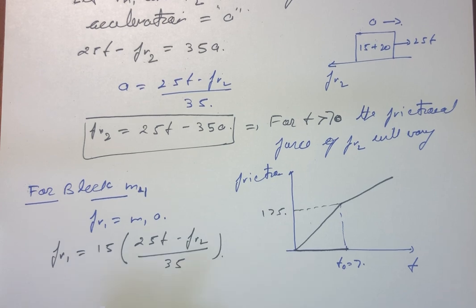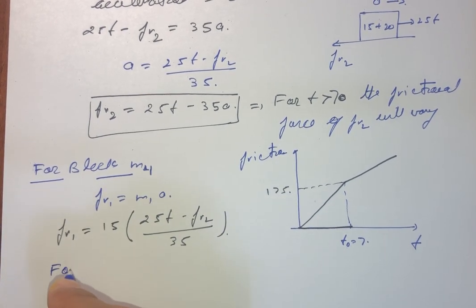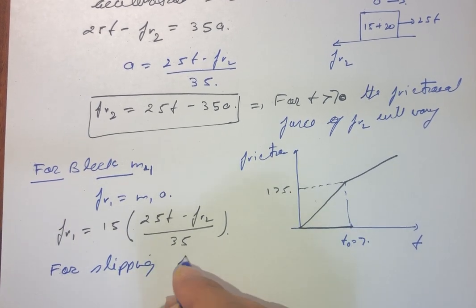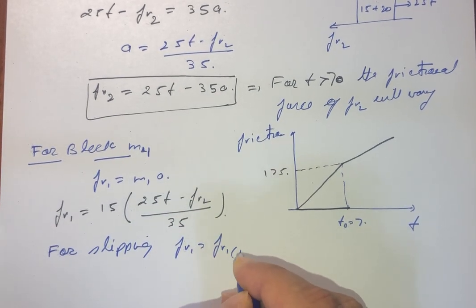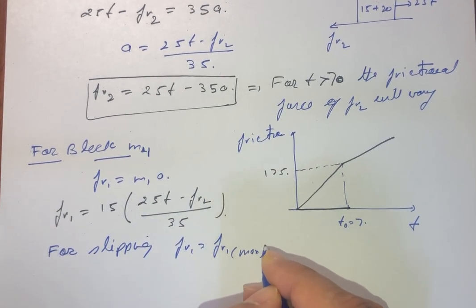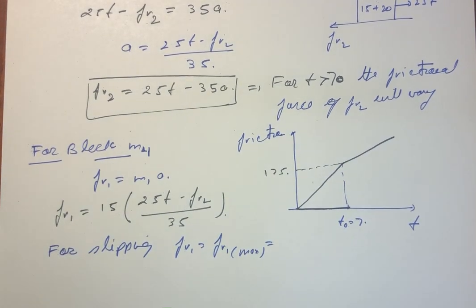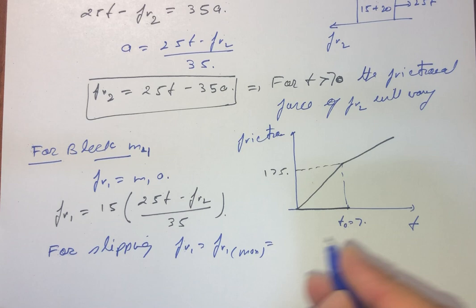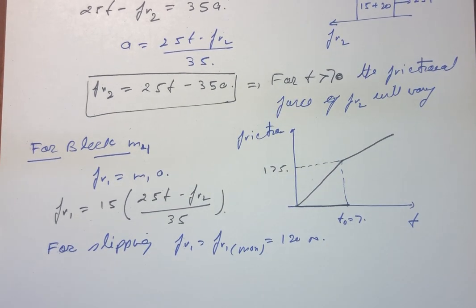And we also know for slipping, FR1 should be equal to FR1 max, whose value will be 120 newtons.